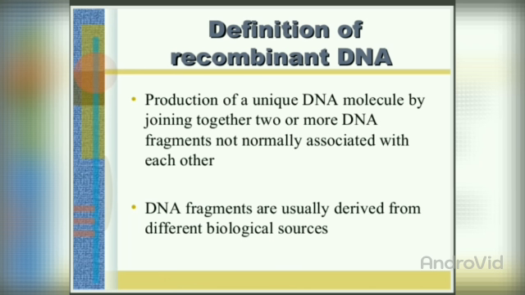Now we will see the definition of recombinant DNA. It is the production of a unique DNA molecule by joining together two or more DNA fragments not normally associated with each other. DNA fragments are usually derived from different biological sources.